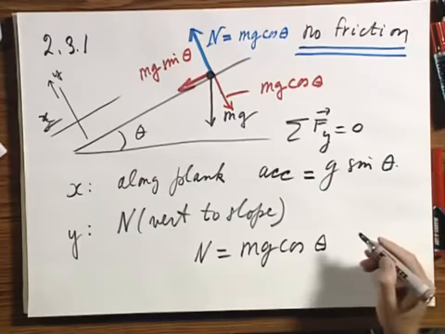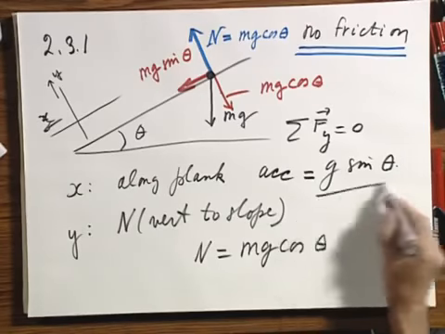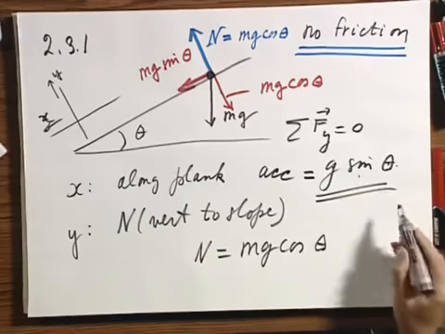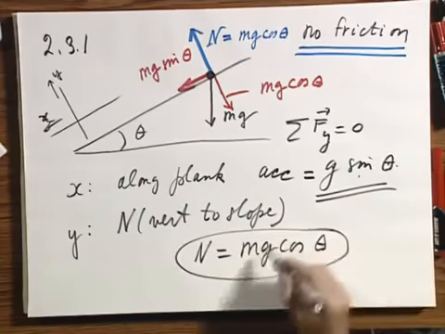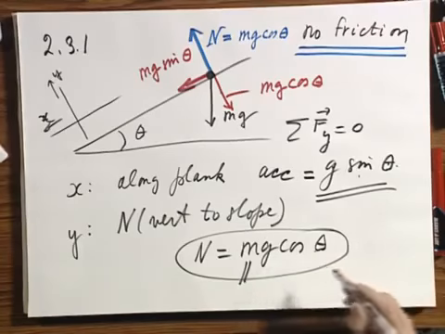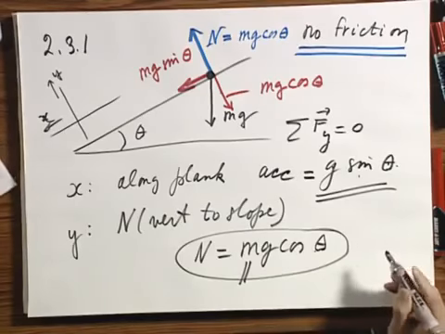Well, you're being asked what the acceleration is along the slope. You know theta and I think you know g, so that shouldn't be too difficult. And you're being asked what n is, and I think you know what the mass is of the object, and you know theta, so I think you will have absolutely no problems with this whatsoever.